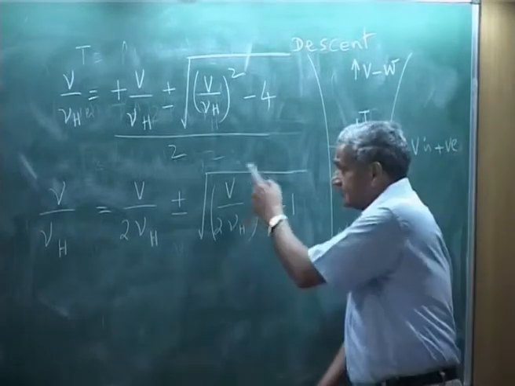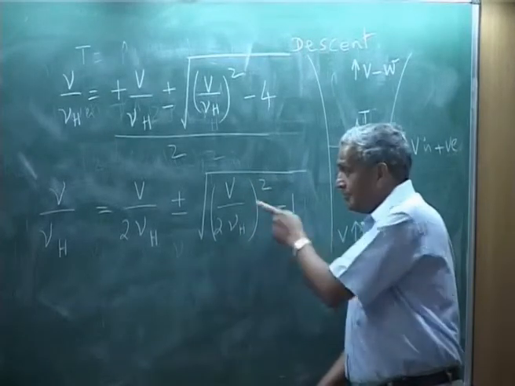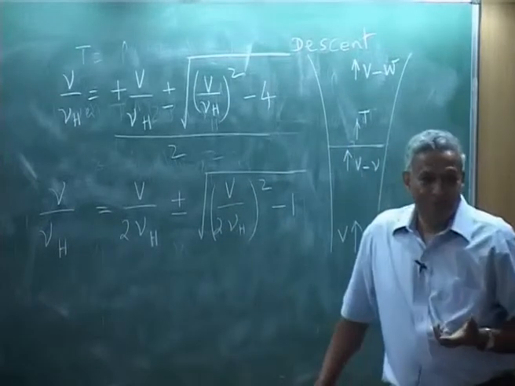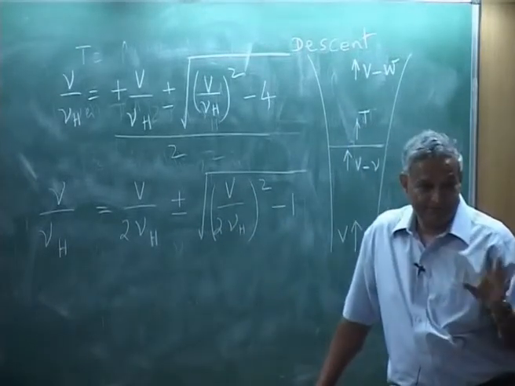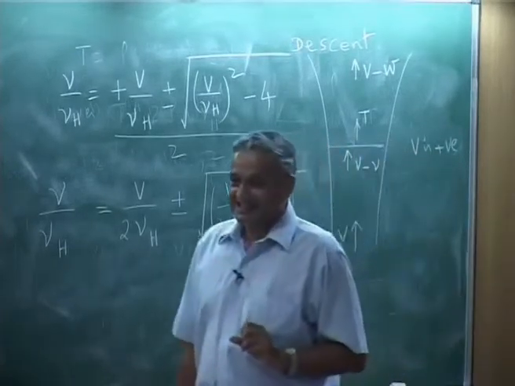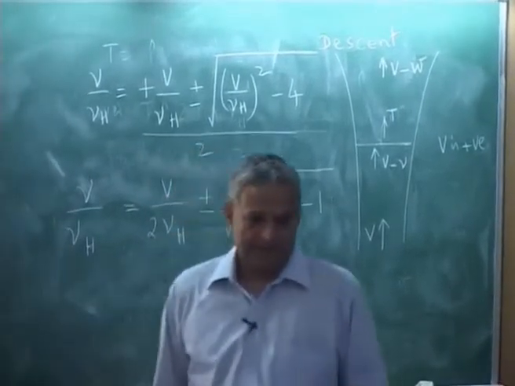Another thing is, this will become imaginary when V is less than 2 nu H, that means there is no root, okay. If my descent velocity is less than 2 nu H, I cannot have.